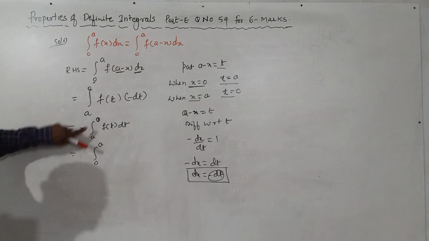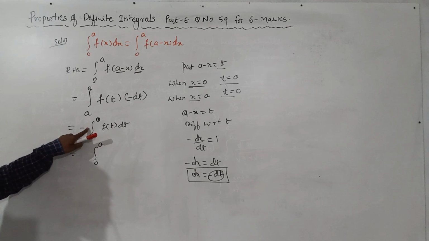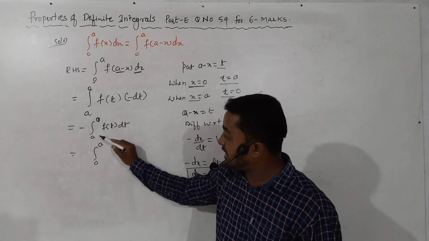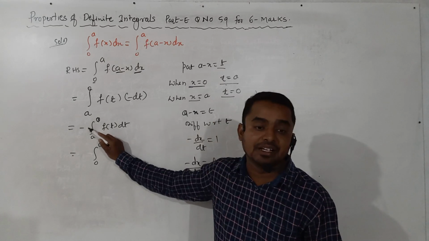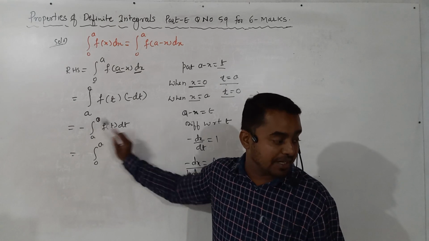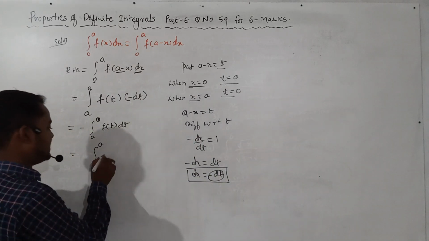If you interchange the limits, this minus will disappear, because you get one more minus. So we get integral from 0 to a of f of t dt.